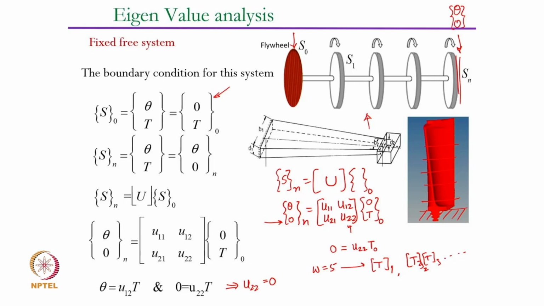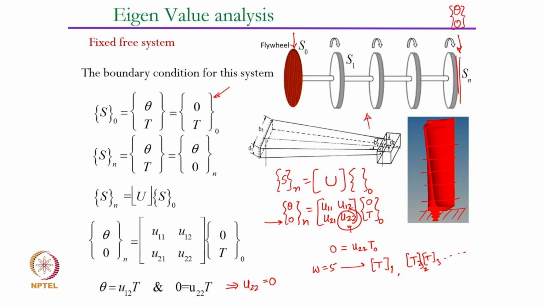What was unknown was omega, so I assume that omega, and then I find all the individual transfer matrices, multiply all of them and just find out the value of this particular element. I don't care about what U11, U21 and U12 are. I only focus on U22.